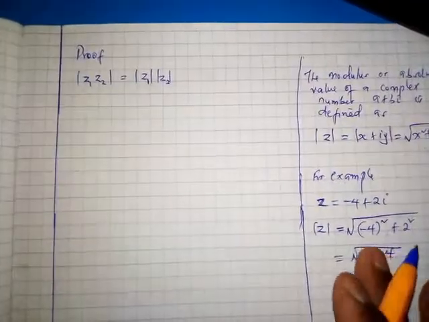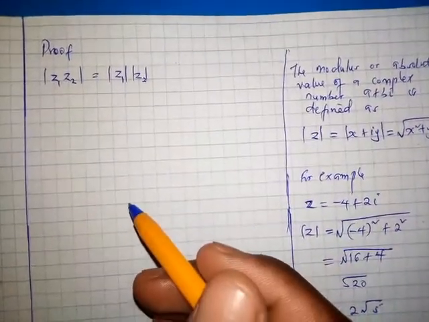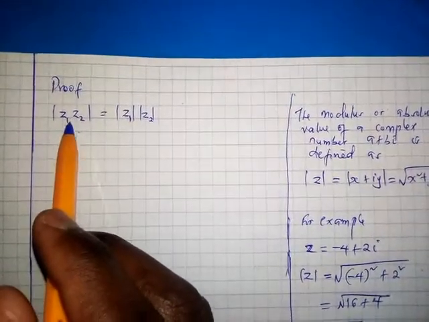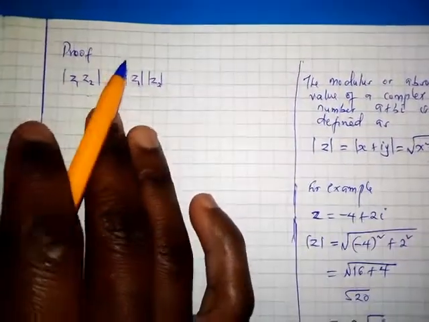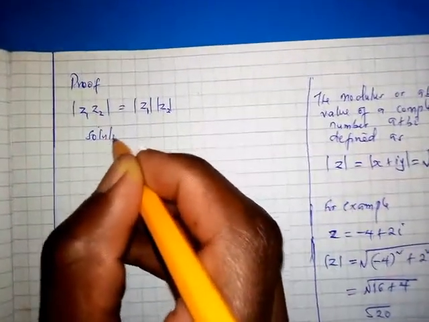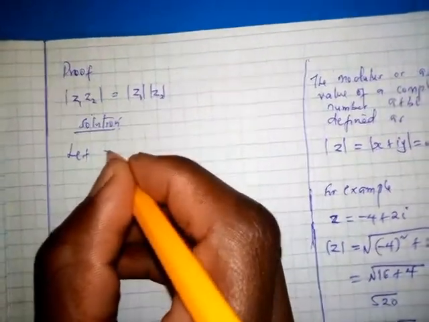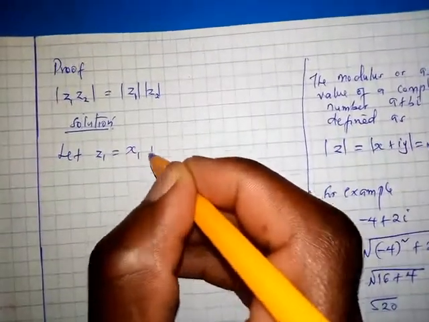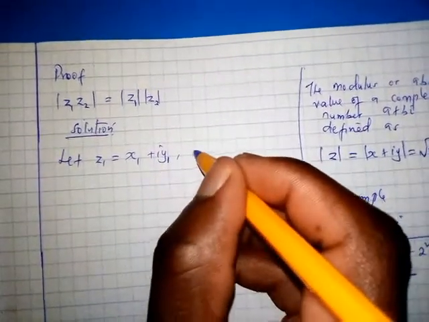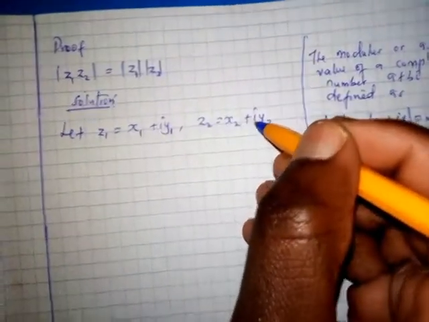So in our question here, we have been asked to prove that the modulus of z1 times z2 is equal to the modulus of z1 times the modulus of z2. Solution: the first step, we let z1 be x1 plus iy1, and z2 be x2 plus iy2.